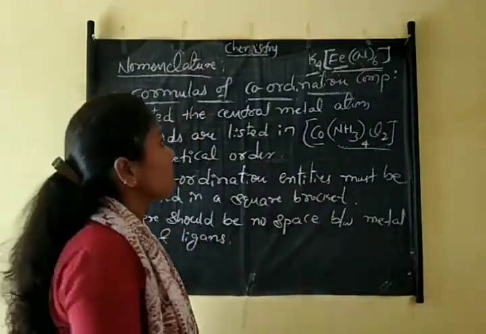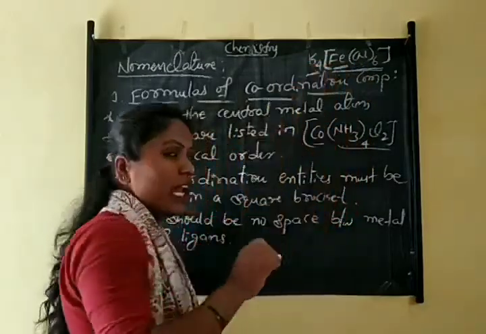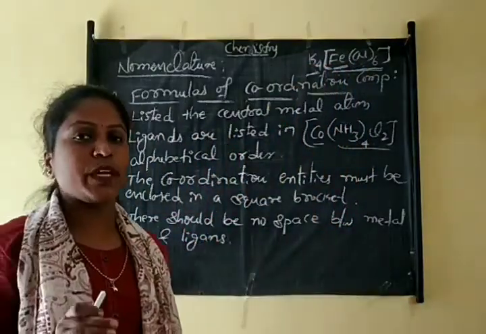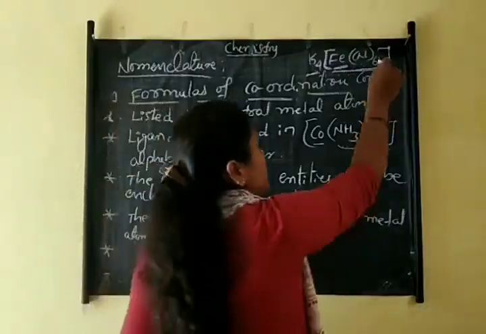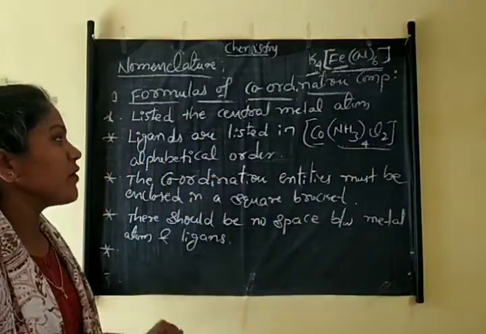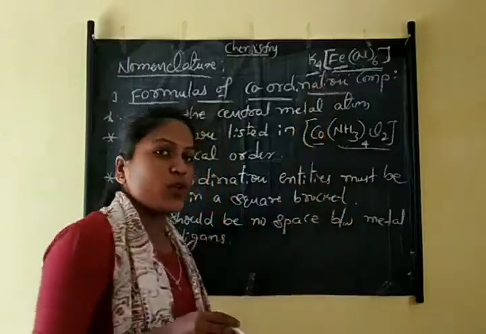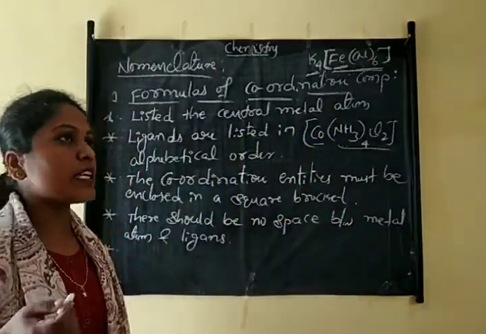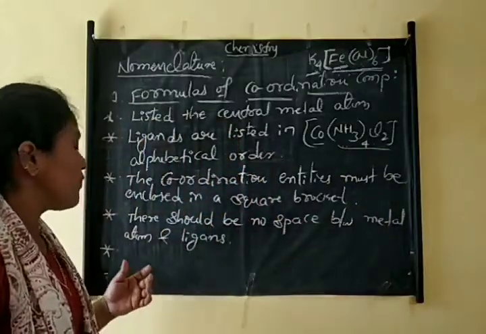So if the coordination entity is present without the counter ion, the charge must be written outside the square bracket. That is the fifth rule.